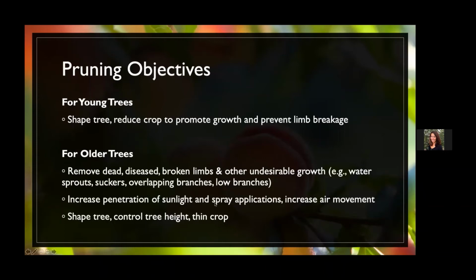And of course, this is pretty self-explanatory, but as you open up the canopy, there's better spray coverage of the materials that you're putting onto those trees. And we're still shaping the tree here, but our primary focus really is controlling tree height and controlling shading within the canopy. And then of course, this is another opportunity that we can work on thinning the crop to ensure we have nice sized fruits.